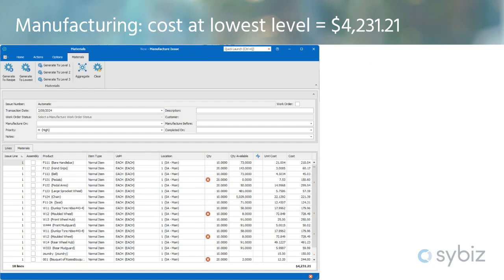But if we need to make a determination that we want to remake some of the sub-assemblies rather than consume the ones that are already in stock, it's going to cost us $4,200, because there's been a change in the component prices at that base level, and that will roll up into any new sub-assemblies that we make based on those base level components.